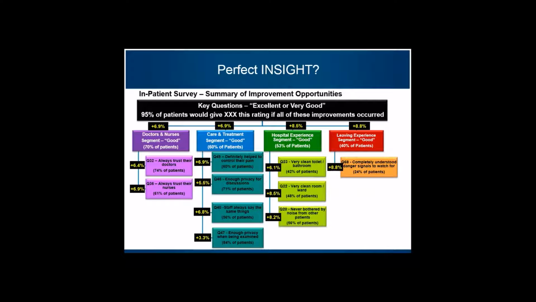So that was a way of just showing this is the key question to focus on. And if you focus on that and get everybody to agree, yes, they always trust their doctors, then the improvement that you would get in the overall rating is 6.4%, as indicated by the black boxes. So the black boxes indicate which areas to focus on in order to drive improvement overall.